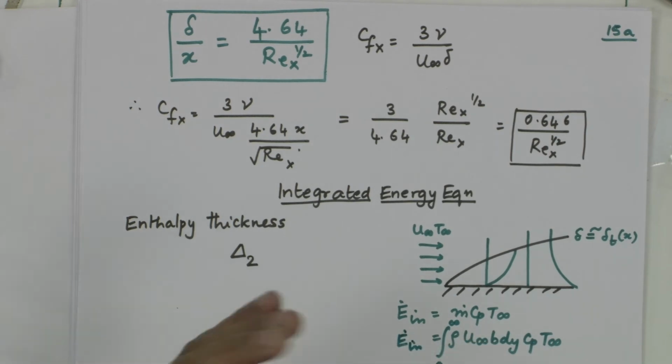This is what is coming in. Of course, rho, B, Cp, everything is constant, U infinity, T infinity is constant, and this would just go from the integration of dy from 0 to delta, delta to infinity. So, this quantity can be obtained very easily.